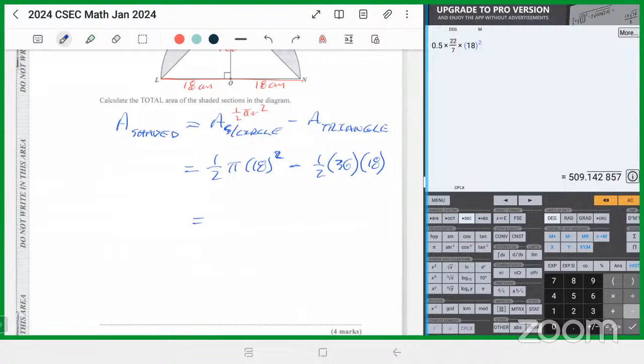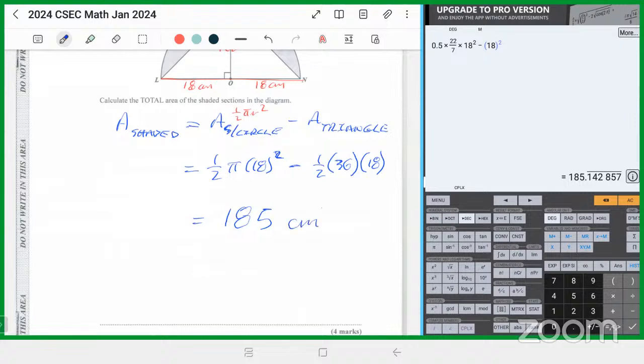And then I'm subtracting another half. Well, half of this 36 is 18, so I'm subtracting another 18 squared. But this is 18 times 18, 18 squared. And I'm getting 185. That's three significant figures.